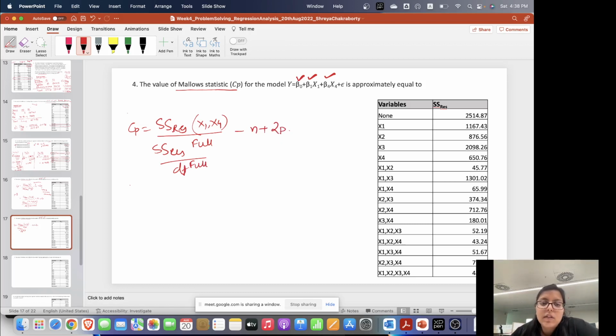The sum of squares due to residuals by fitting x1 and x4 would be this value, 65.99, divided by, now, when we are fitting the full model, our sum of squares due to residuals is this much.